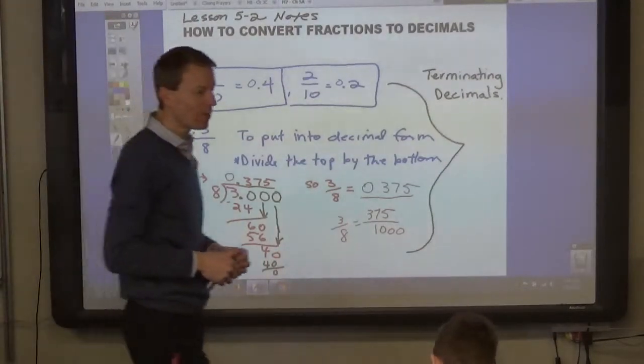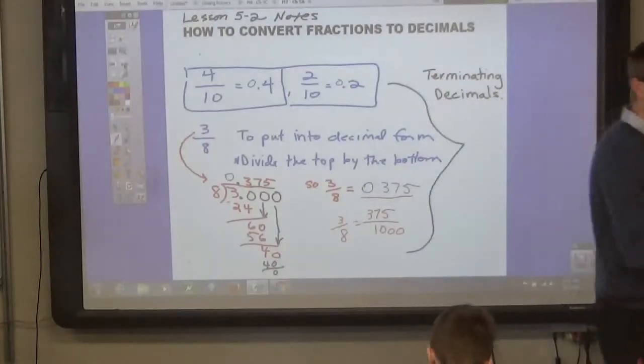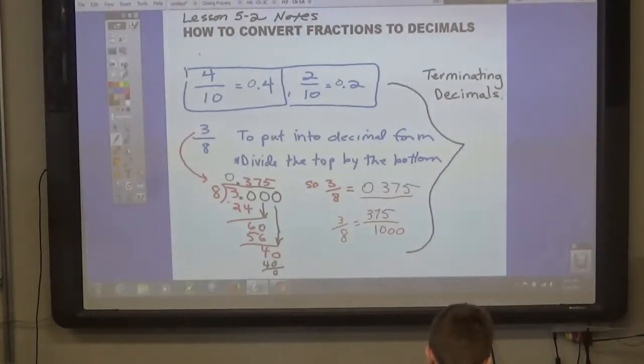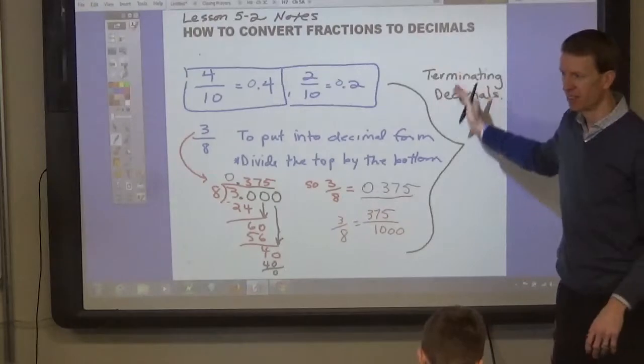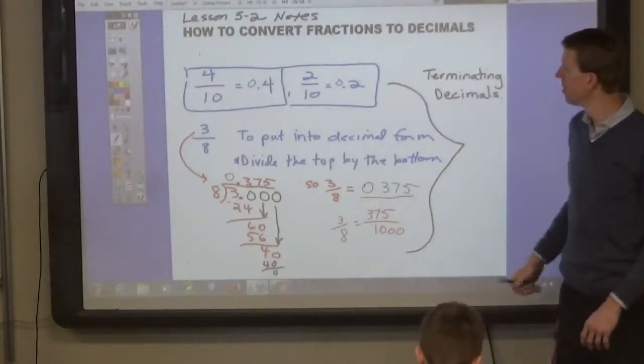What does an exterminator do? Kills bugs, right? To destroy, to terminate, to destroy. Yep. Okay. So a terminating decimal means that it ends. Alright? It ends.